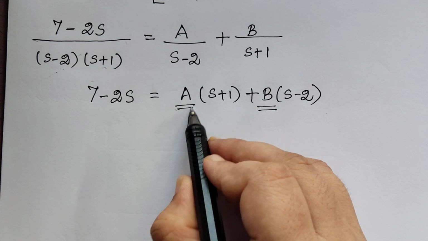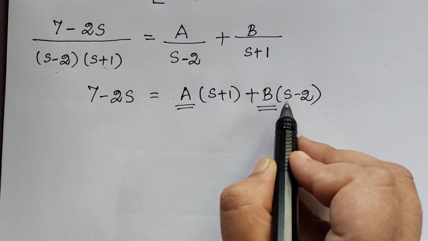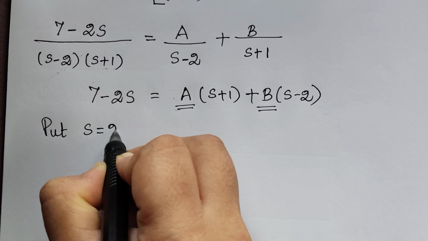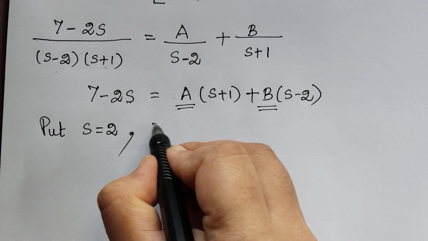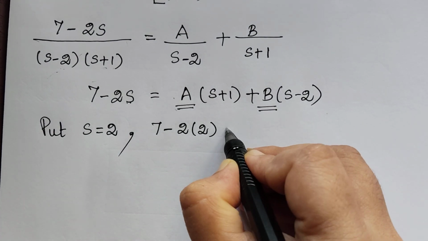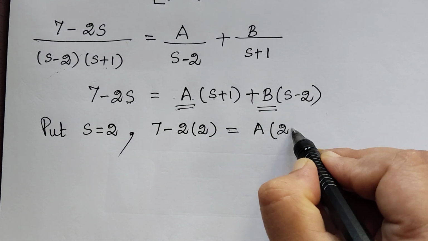Now in this, we have to find the value of a and the value of b. In order to find the value of a, let us put s equal to 2. So what will happen if you put s as 2? On the left you will have 7 minus 2 multiplied with 2 is equal to a multiplied with 2 plus 1.